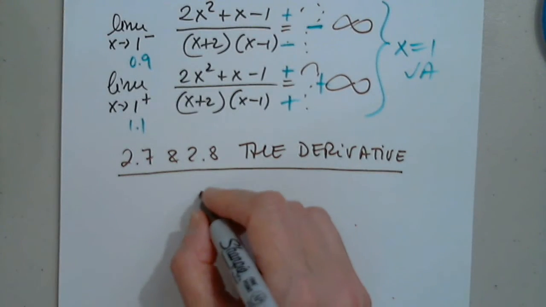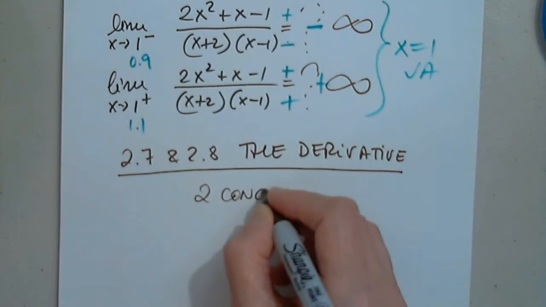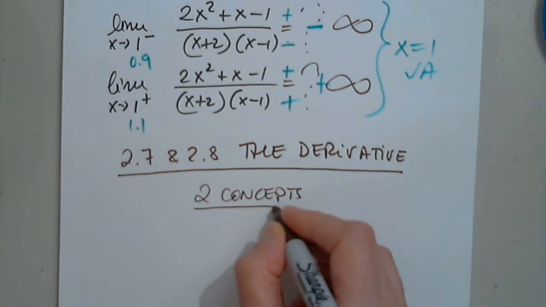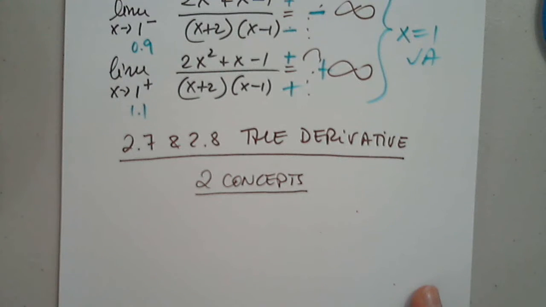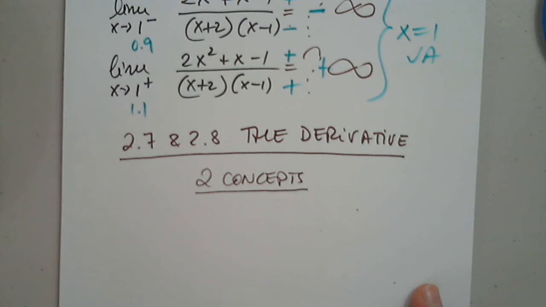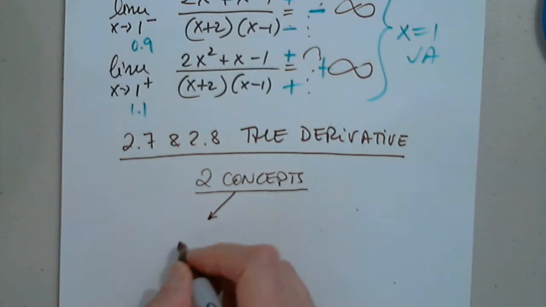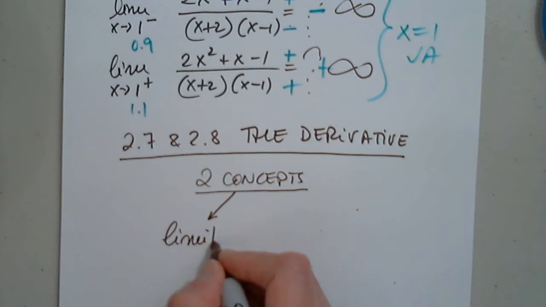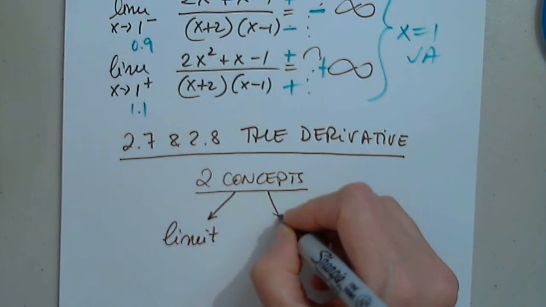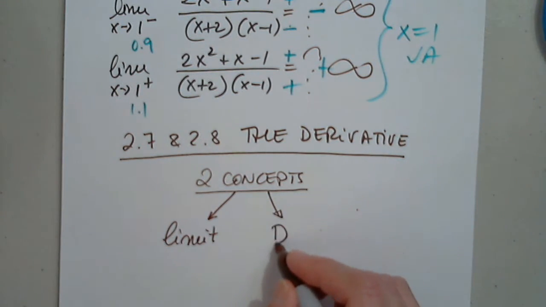We know two concepts so far that are major concepts, and they will move on with us. One is the concept of the limit, and the other one is the concept of the difference quotient.